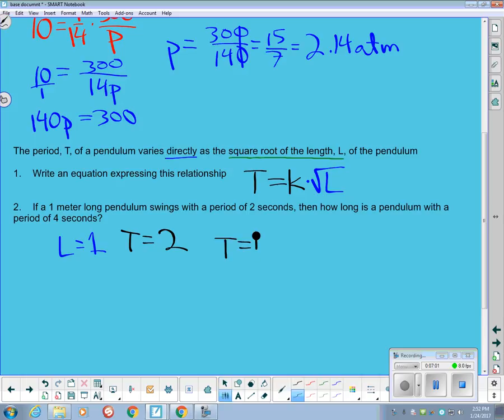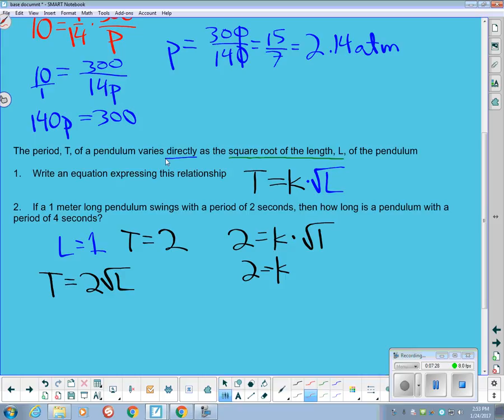Our T value is 2, is equal to K times the square root of 1. Well, the square root of 1 is just 1, so the K value in this case is 2. So now we have an equation that looks like T is equal to 2 times the square root of L.